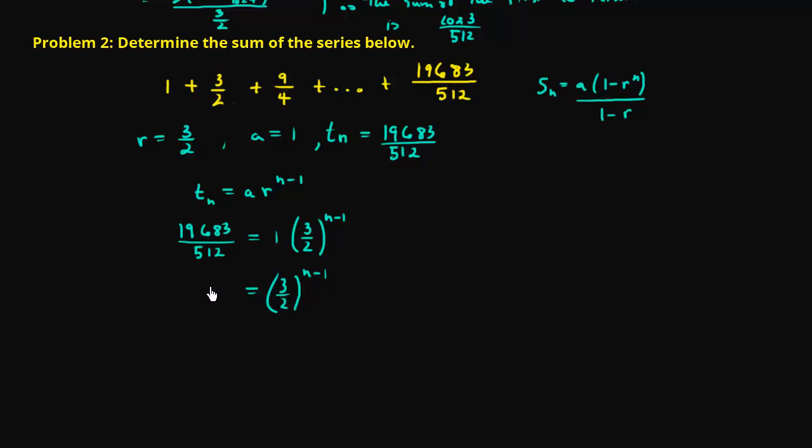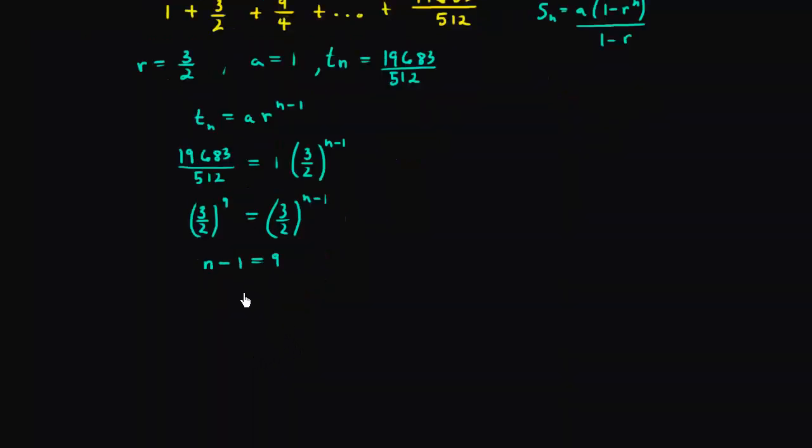So I can write the right side as 3 over 2 to the power of, let's see here, 2 to the power of 9 gives us 512, and 3 to the power of 9 gives us 19,683. So I know now that the bases are the same, that n minus 1 is equal to 9. N minus 1 is equal to 9. And therefore, n is equal to 10.